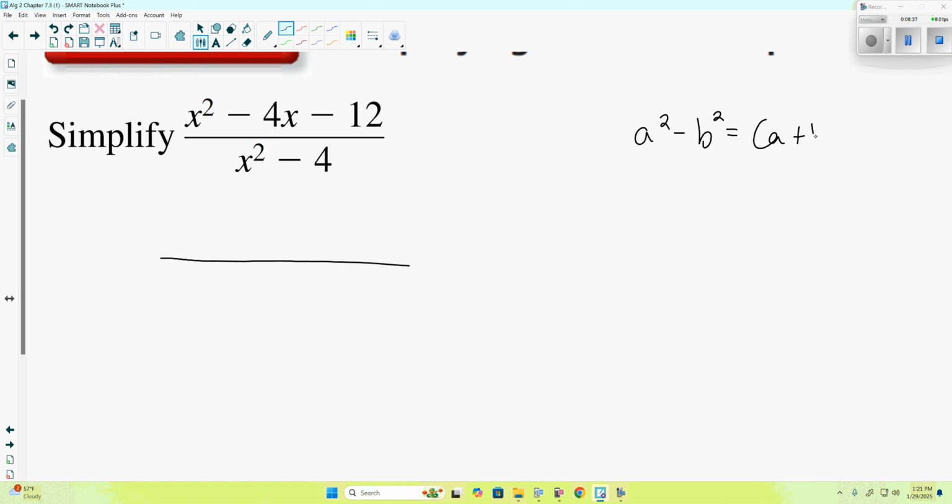A difference of perfect squares. Because what times itself is x squared? And what times itself is 4? And our signs are opposite. Because our difference of perfect squares are nice. X squared minus 4 is x plus 2 and x minus 2. Because it's our a squared minus b squared is equal to a plus b times a minus b.